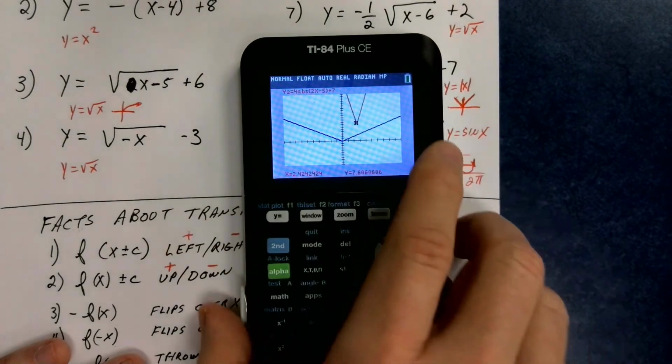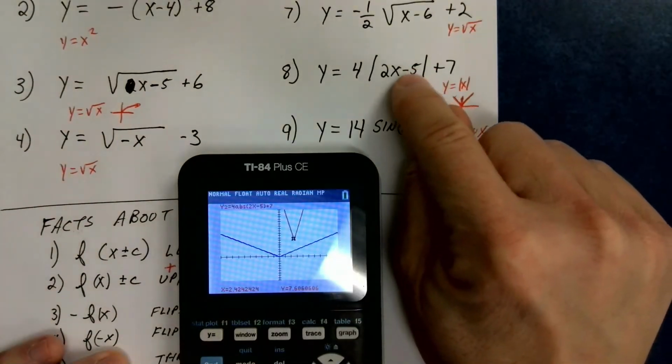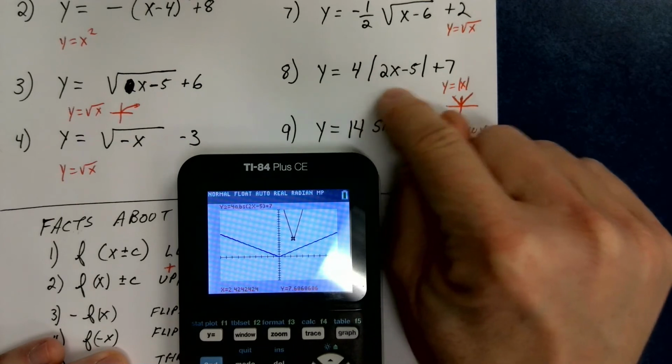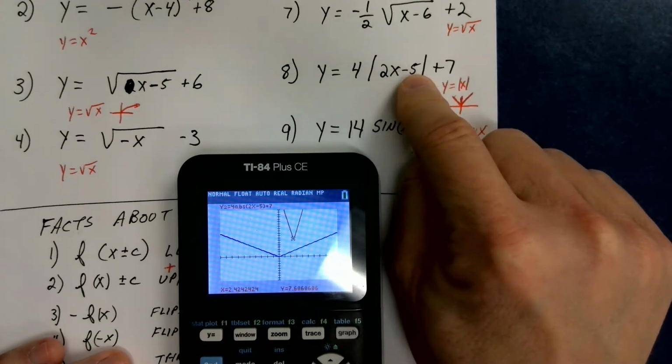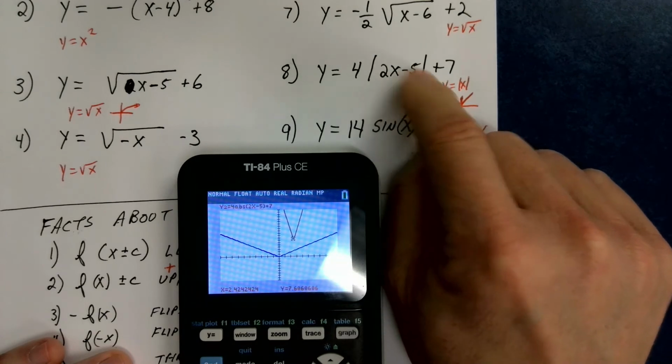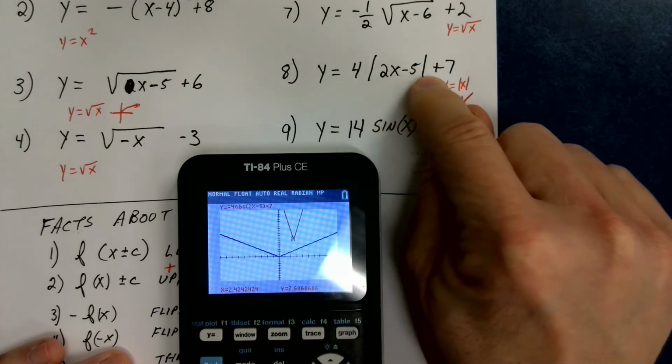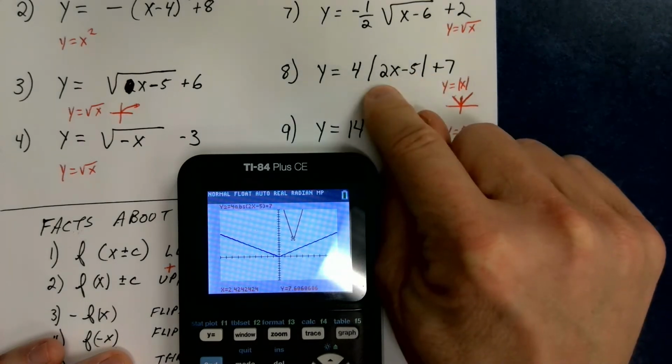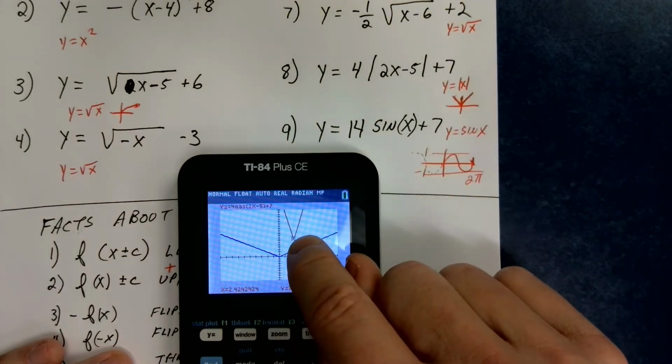So why is that at 2.5? Well, it's because I'm looking for the 0 of the inside of this. So the opposite of negative 5 is 5. 5 divided by 2 is 2.5. So it's been moved 2.5 to the right. This would be 5 to the right, but I have to cut that in half. So 2.5 to the right and up 7. And that's what takes us to there.